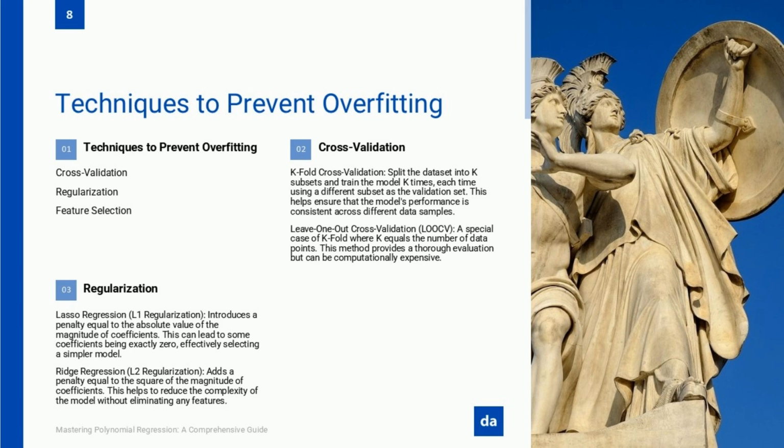This method provides a more accurate measure of how well the model generalizes and helps in selecting the optimal polynomial degree. Another approach is leave-one-out cross-validation, where each data point is used as a validation set while the rest serve as training data.